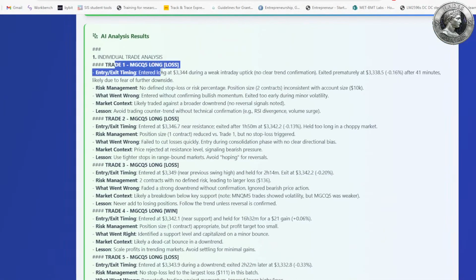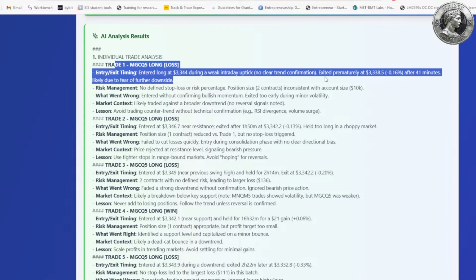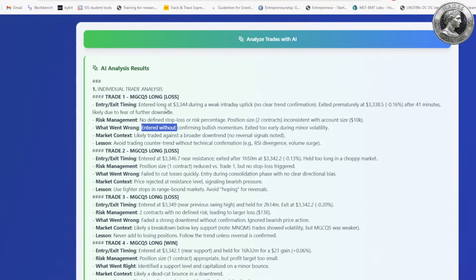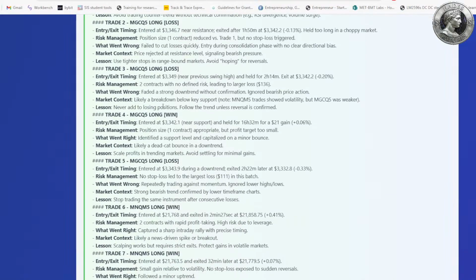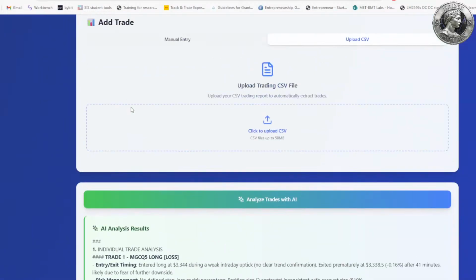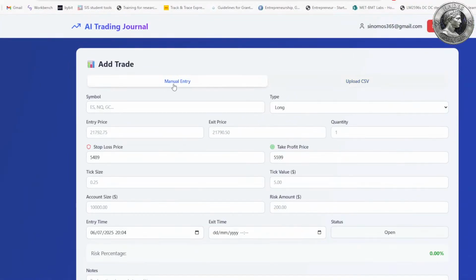Day 1, entry: no clear trend confirmation, exit prematurely. Risk management: not defined stop loss or risk. So it's good when you log your trades to give the stop loss and stuff, so it can give you nice recommendations.